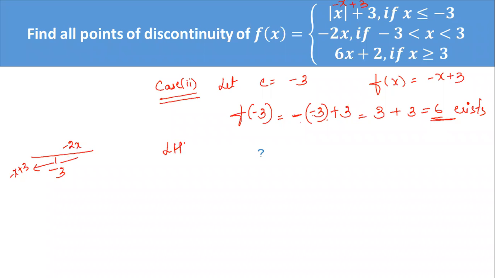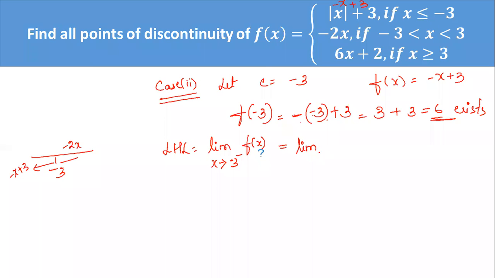So left hand limit is equal to limit f of x as x tends to minus 3 from the left. Coming from the left means coming from values less than minus 3. So which definition we have to use for f of x?